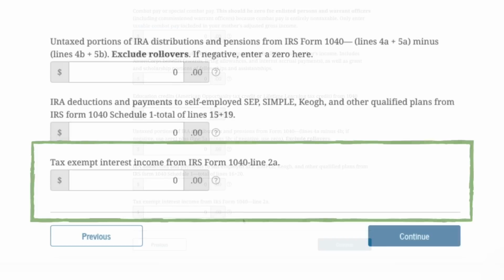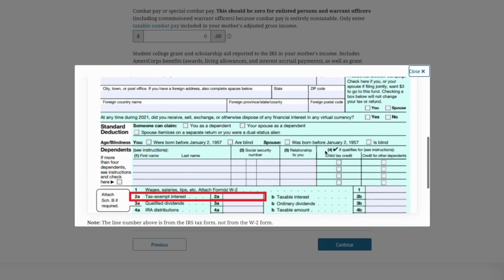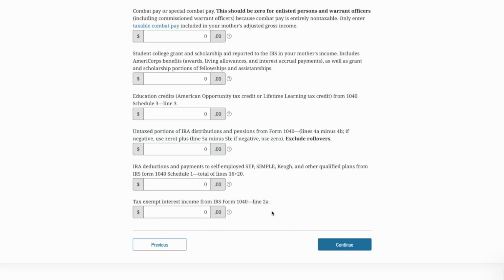And the final one is if they've received tax-exempt interest. This can be found on the very first page of the 1040 under line 2A. Enter an amount there if it does exist. If you have zeros for all of these, that is completely acceptable. There's a good chance that none of these apply to your parent. Once you've entered the values, you can hit continue.